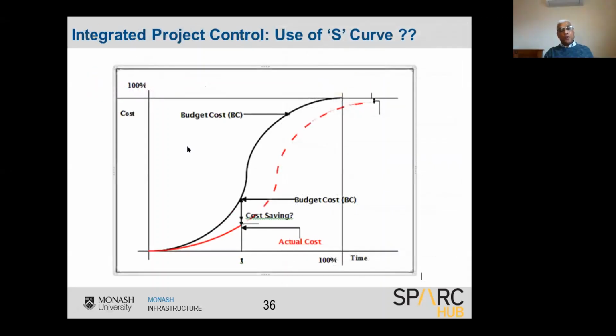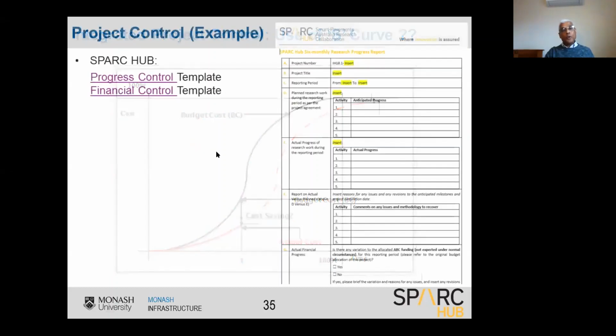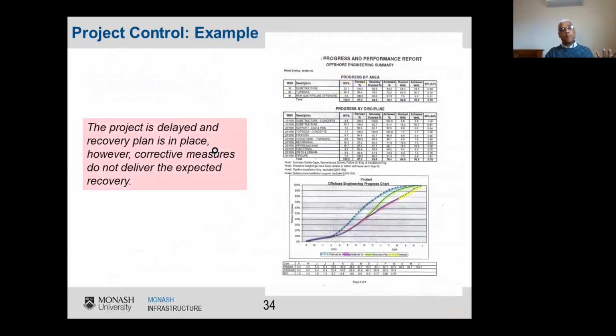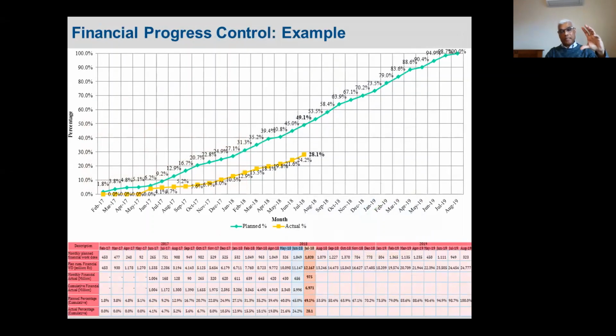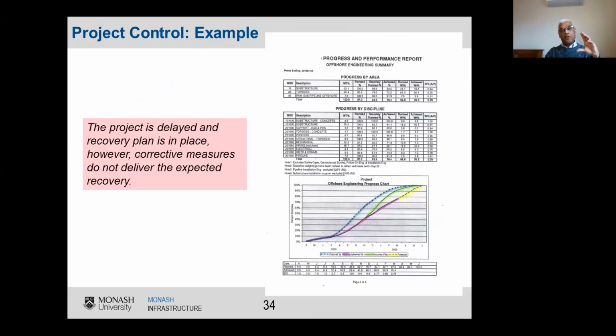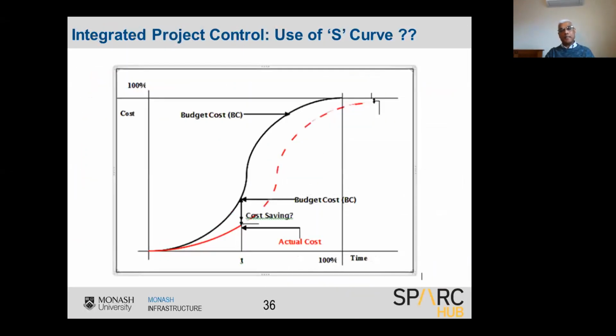So if you look here, we explain progress monitoring, and how you look at the control measures is here. One method is using the S-curve. We call it an S-curve because if you plot the cost in percentage basis against the time in percentage basis, it comes out as an S-curve.